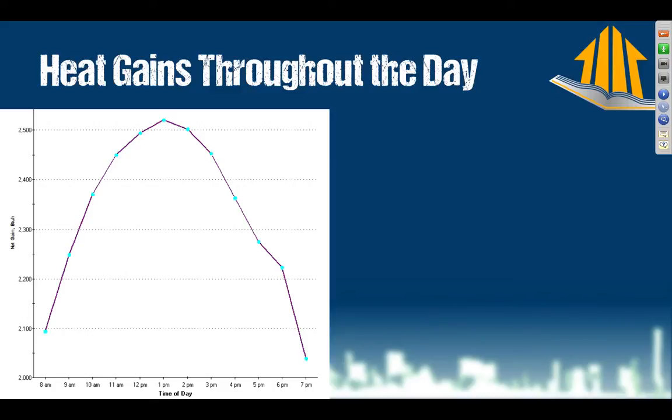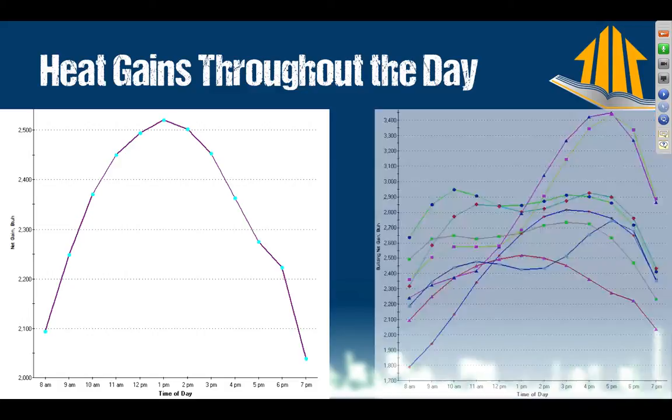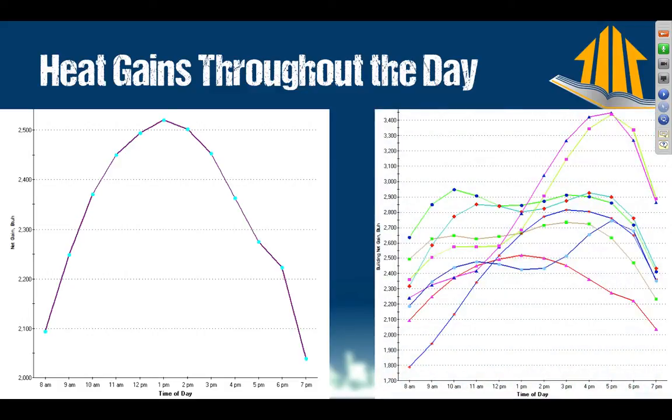This is actually a really good curve. Have you ever seen a curve like this before? Generally, the high point is going to be at 4 or 5 o'clock in the afternoon. What this 1 o'clock peak tells us is that the roof is the main way that sun is creating heat that's beaming into our house.